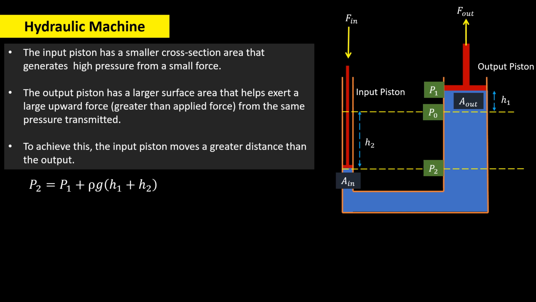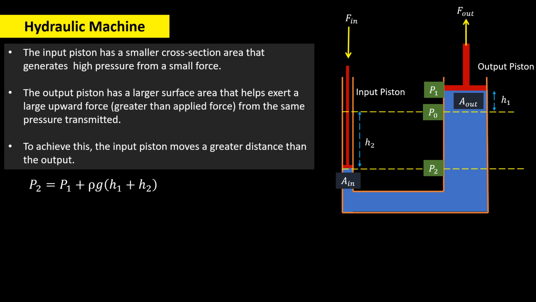So we can say essentially that pressure at point P2 may be equal to pressure at point P1, which is the surface, plus rho g h. But at this point, the difference between point P1 and P2 in terms of distance is equal to H2 plus H1. The H1 and the H2 here make this distance, the total of this.